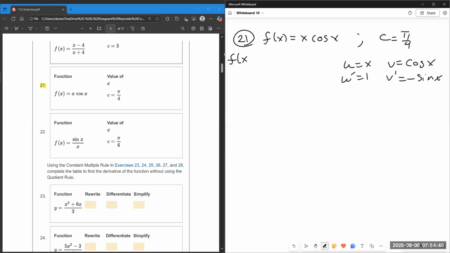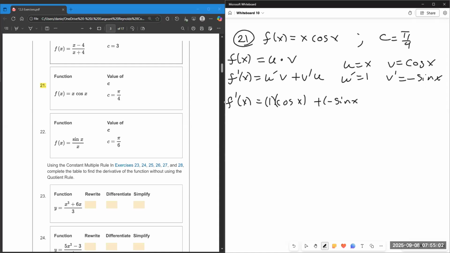My f of x is equal to u times v, and my f prime of x is equal to u prime v plus v prime u. So f prime of x is equal to 1 times cosine of x plus a negative sine x times x.